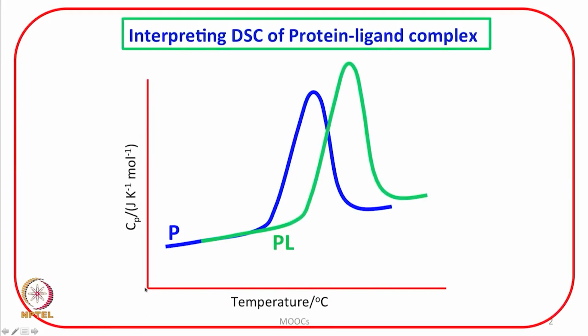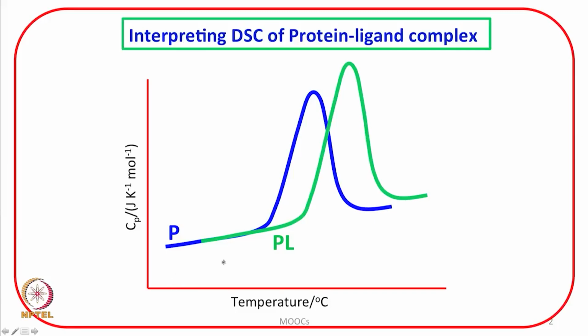When we thermally unfold a protein P, then we can find out its transition temperature, calorimetric enthalpy, etc. And when the ligand is bound to the protein and you unfold PL, usually its unfolding will be at higher temperature. And we will get the corresponding thermodynamic parameters associated with the unfolding of PL complex.